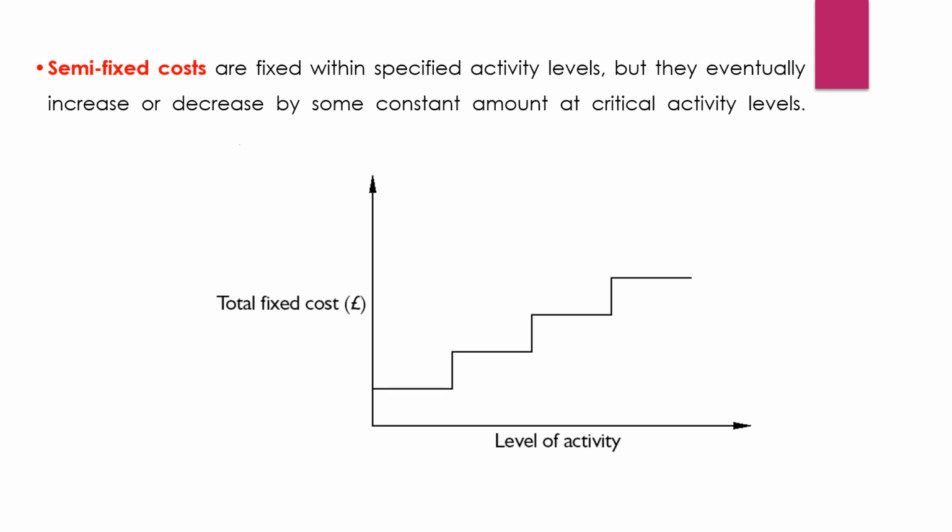Just imagine the cost of one supervisor may be required for a particular range of activity. Above this level, the cost of an additional supervisor would be incurred and added to the total fixed cost. Therefore, it would be stepped up.